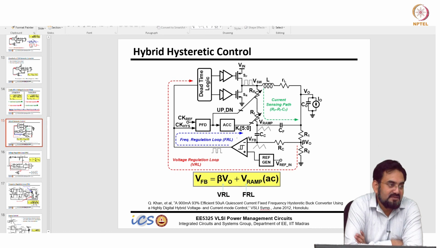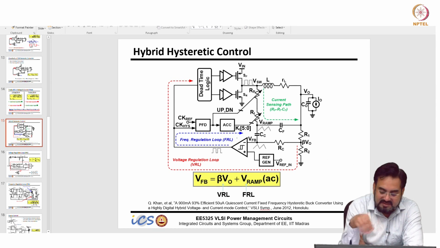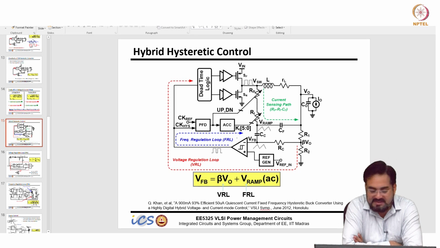Once it is locked, it's locked. I mean, during transient, in any case, the output changes. So during transient, only these guys will respond. But if it's a slow change, then they will slowly take over, and that effect will not be seen in the output.